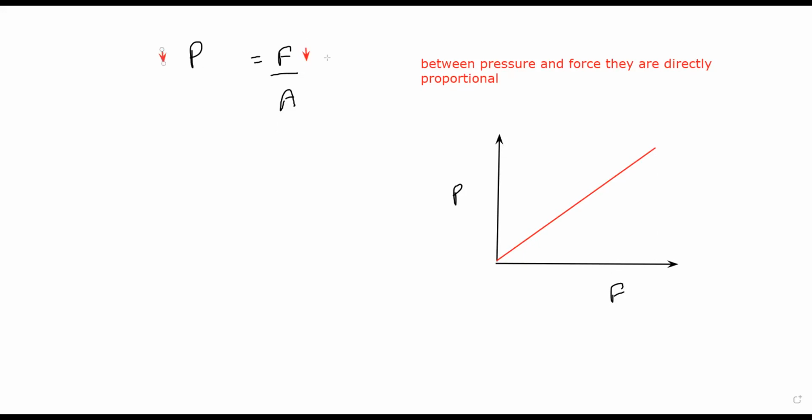So this is called a direct relation. But opposite for pressure and area, so if we reduce the area, the pressure will increase. This type of relation in which we increase one quantity and the other decreases, we call inversely proportional.